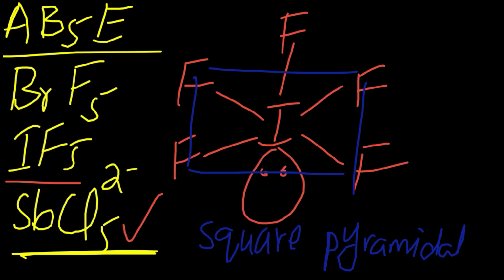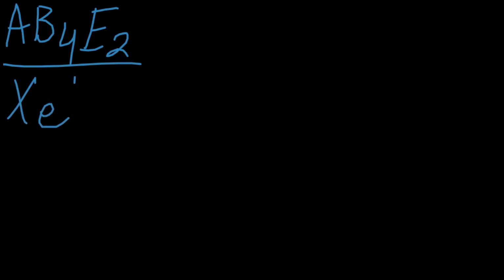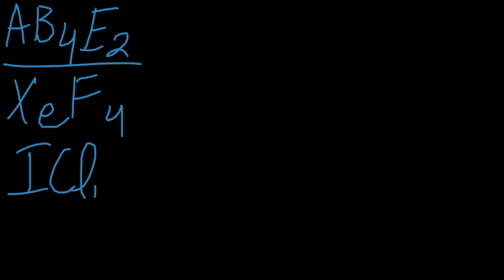Or tetragonal pyramidal. If AB6 type molecules have 2 lone pairs, these kinds of molecules will be AB4 type molecules, which means they have 4 bond pairs and 2 lone pairs. Examples include xenon tetrafluoride, tetrafluoroiodate, and tetrafluorobromate.